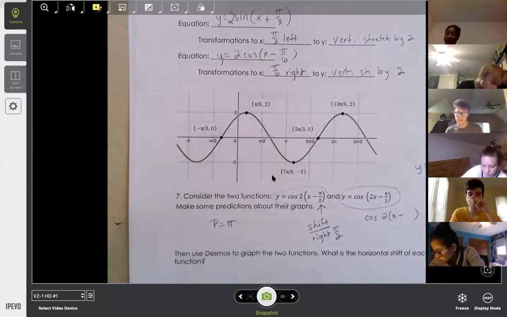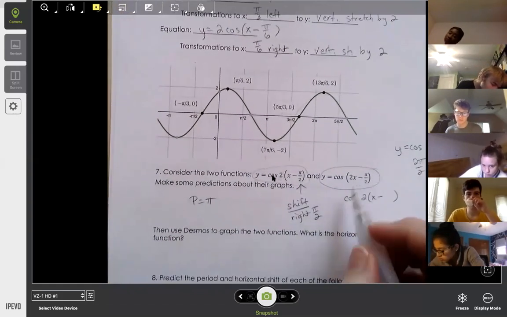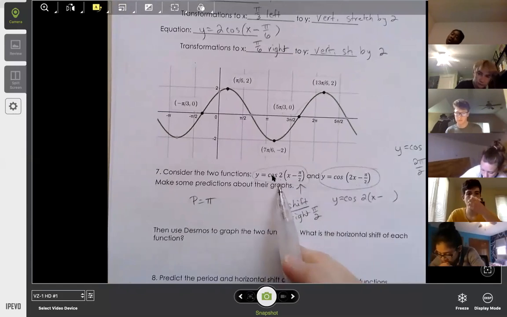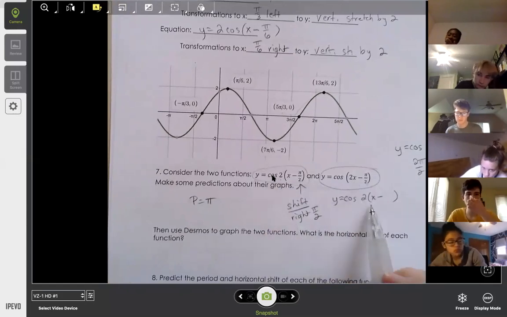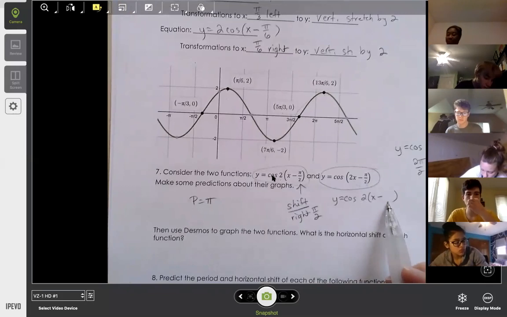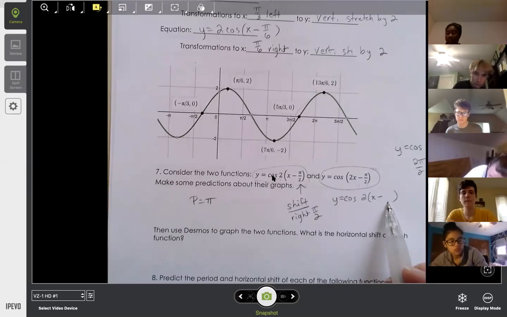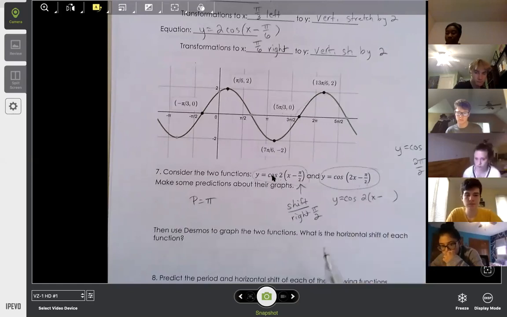If I tried to factor a 2 out because I like this better where it's factored out, what number would go here? Ian? 2 times what is pi over 2?